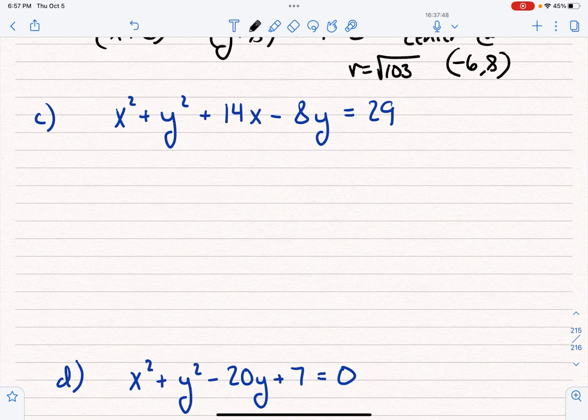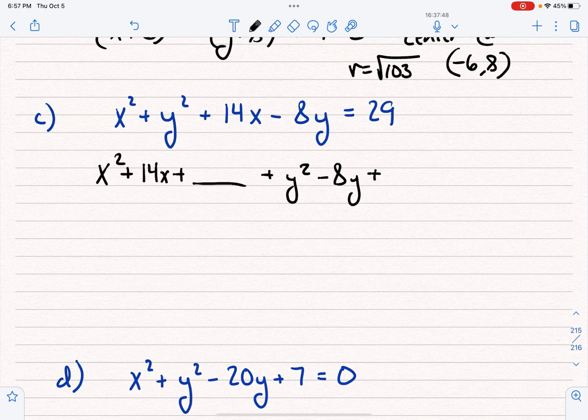Second to last one, almost done, guys. Rewrite it. x squared plus 14x plus blank plus y squared minus 8y plus blank equals 29. Half of 14 is 7, squared, you get 49, so add 49 to this side. Half of -8 is -4, squared, you get 16, add 16 to this side.